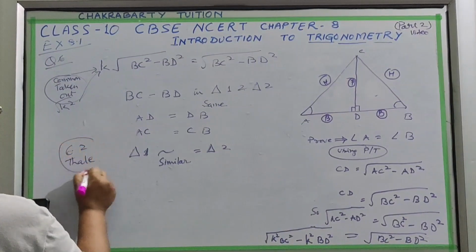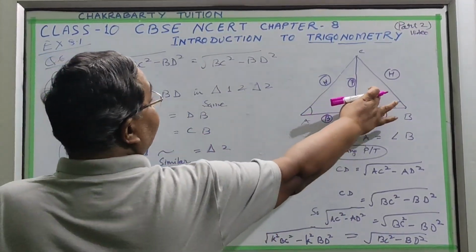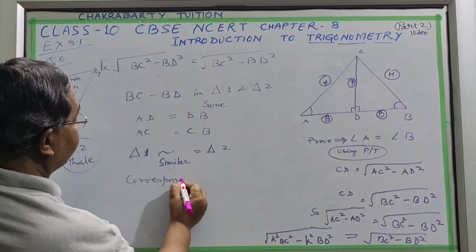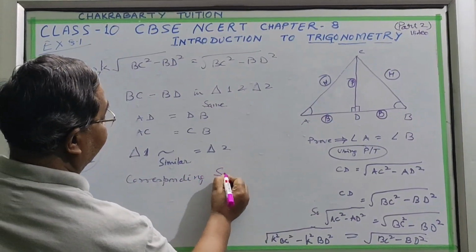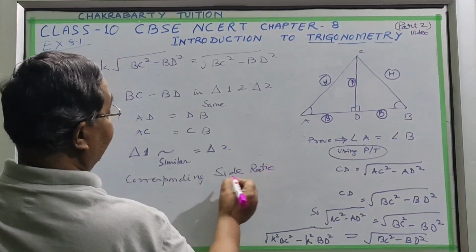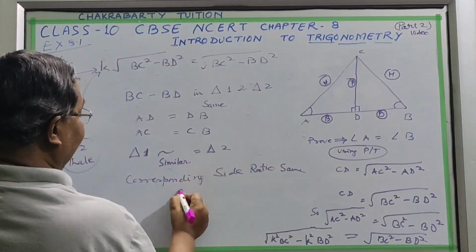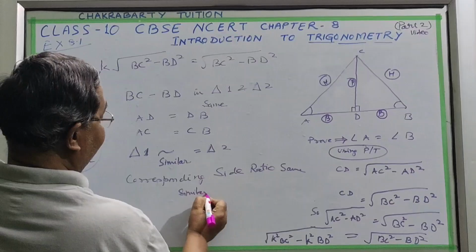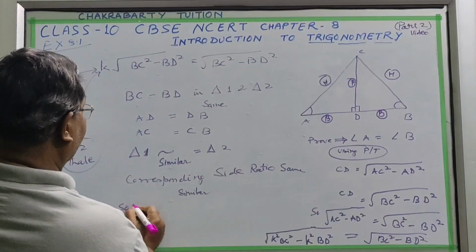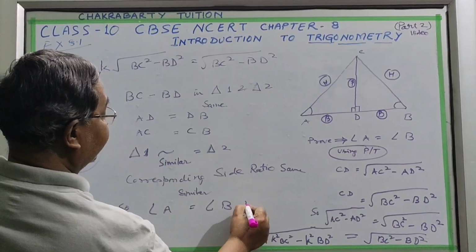He has given a theorem that if corresponding sides of two triangles are equal, corresponding side ratio is same, then they are similar, and angles will be equal. This angle will be equal to this. So angle A will be equal to angle B, and it is proved.